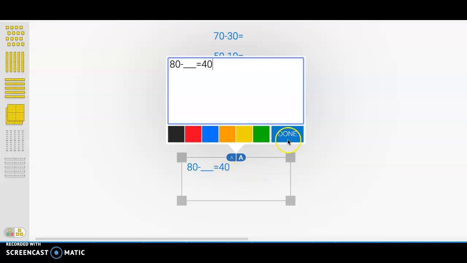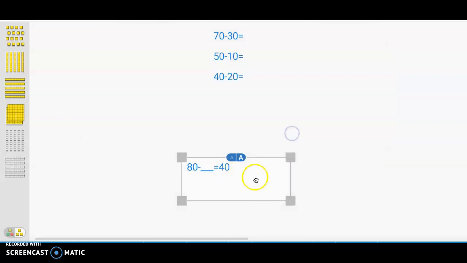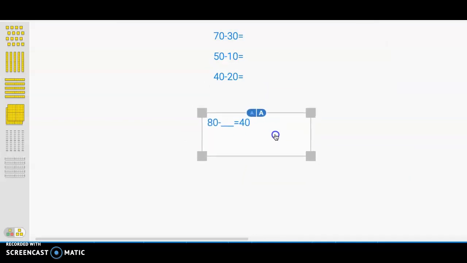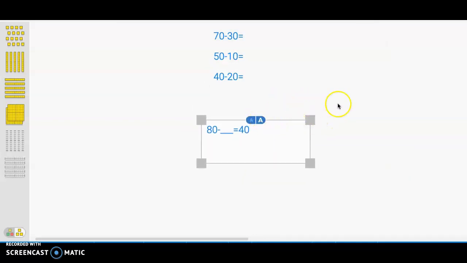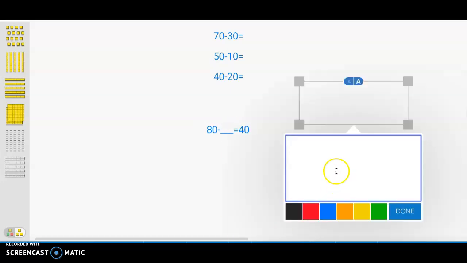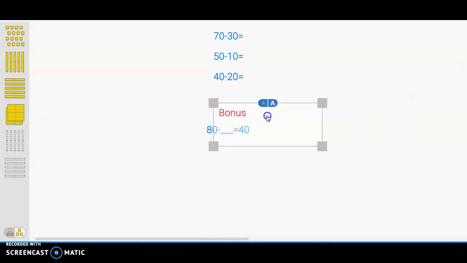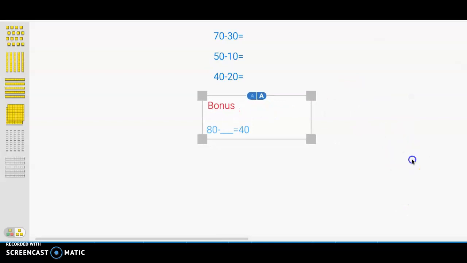So that's a little bit of a challenge. Bonus means you don't have to do this, but you might enjoy the challenge. So this is your bonus equation.